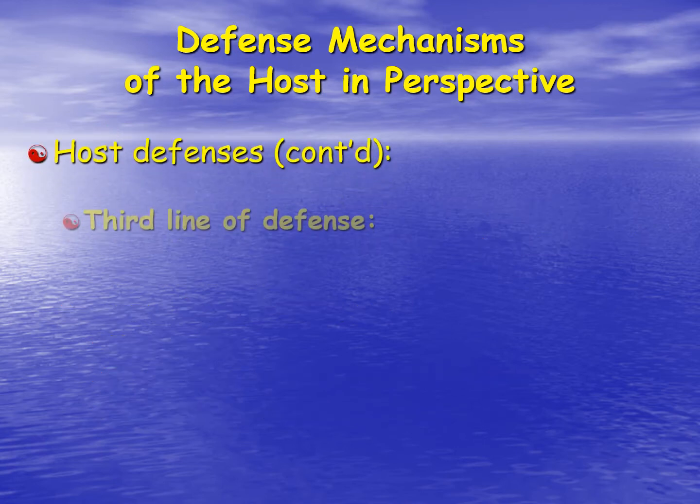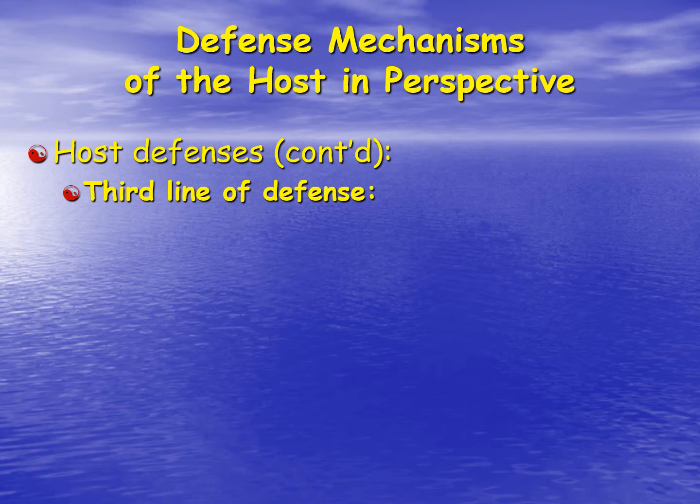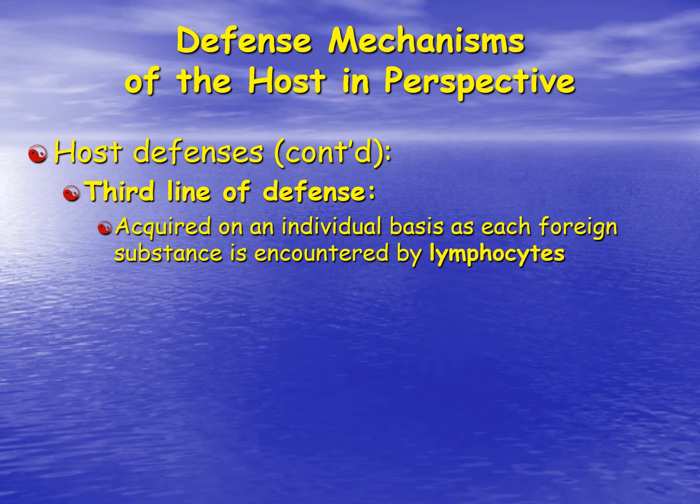But I'll mention the third line of defense in preparation for the next chapter, and that is our acquired or specific immune response. And this is acquired after birth on an individual basis as each foreign substance is encountered by our lymphocytes, and we mount a specific response to that specific antigen.